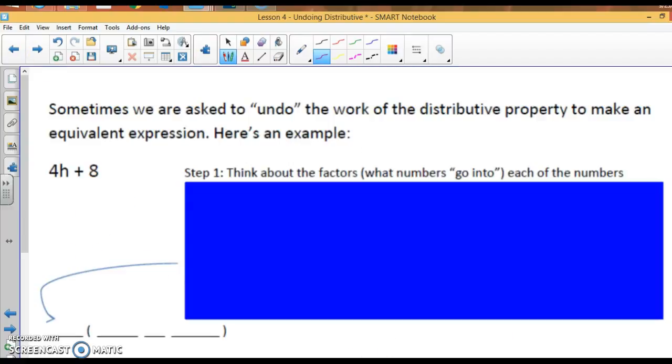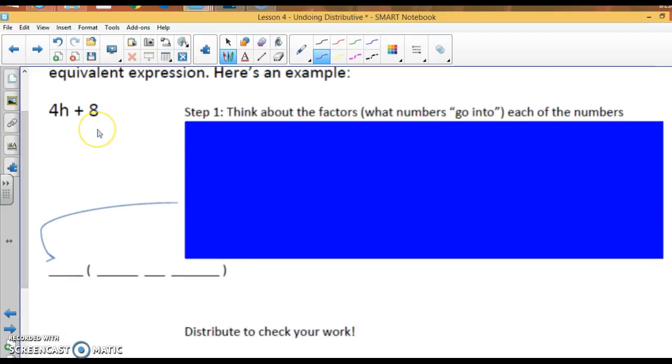Now, we are going to talk about undoing the distributive property, which is called factoring. It is basically doing the distributive property backwards. So, if I want to factor 4h plus 8, you say to yourself, what number divides into 4 and into 8? Well, it would be 4.